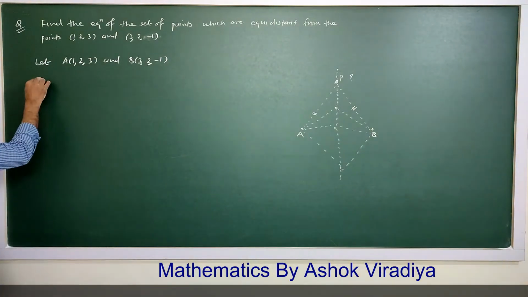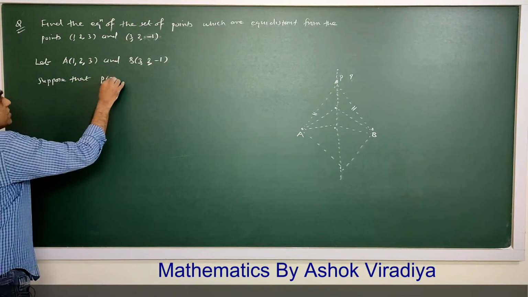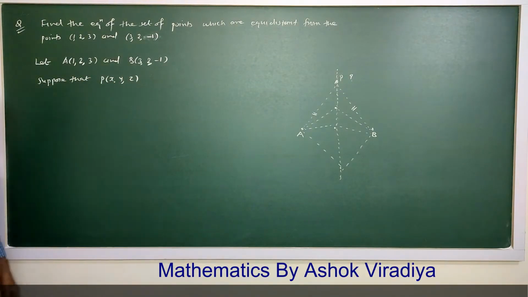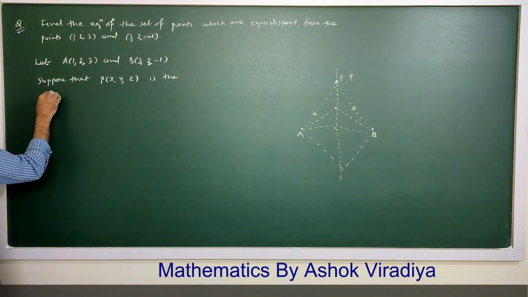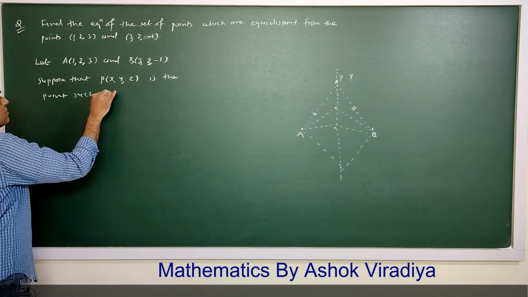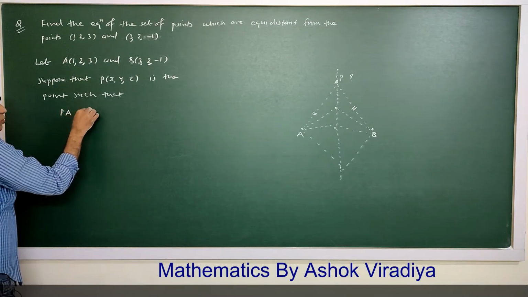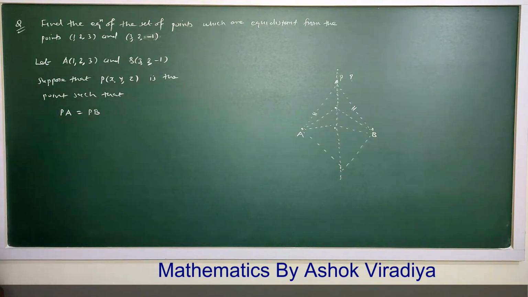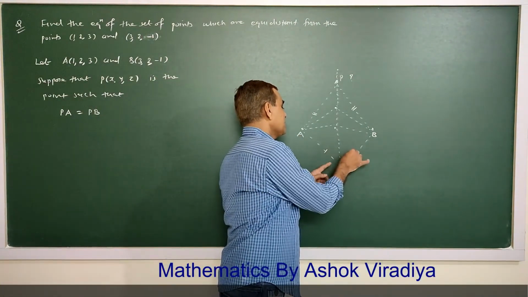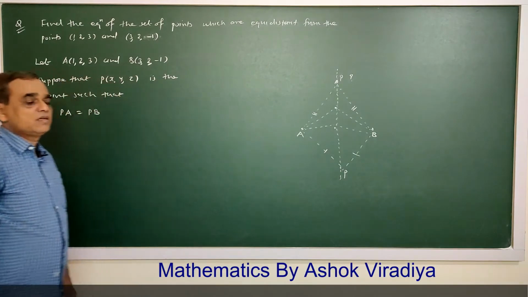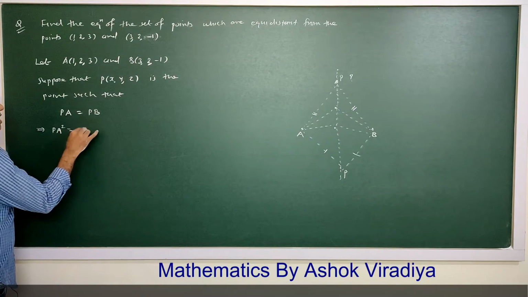So suppose that P is the point such that the distance of P from A equals the distance of P from B. PA is equal to PB. So PA square equal to PB square.